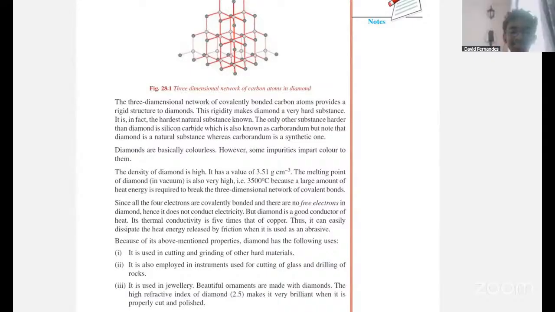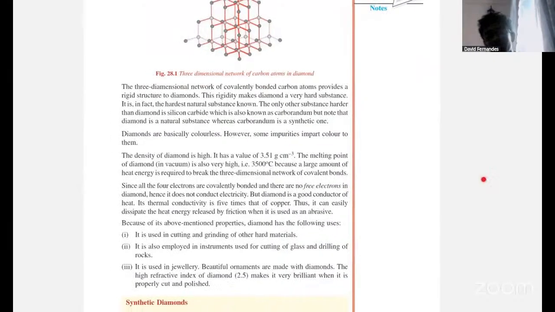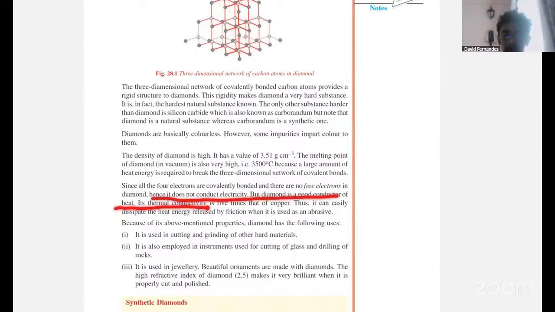Since all four electrons are covalently bonded, there are no free electrons in diamond. Hence, it does not conduct electricity. But diamond is a good conductor of heat. Its thermal conductivity is 5 times that of copper.